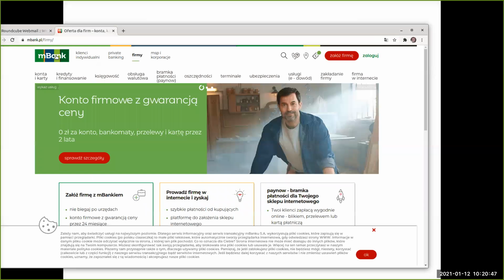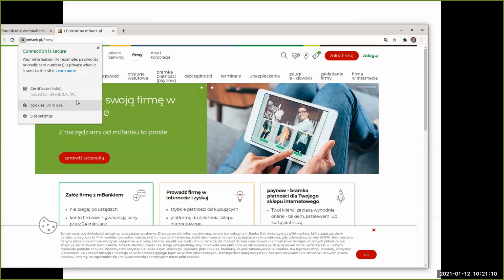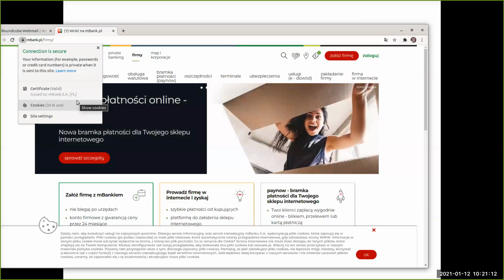Of course, if this message about a security issue is visible on your bank account or your email account, it means that something is wrong. So it's better not to proceed. You should verify whether your address and certificate are okay, and stop connecting to this site.